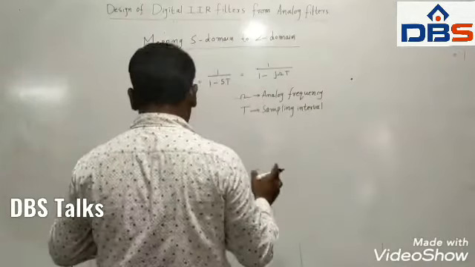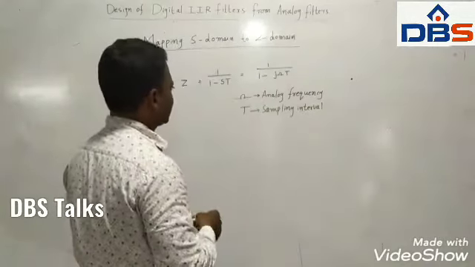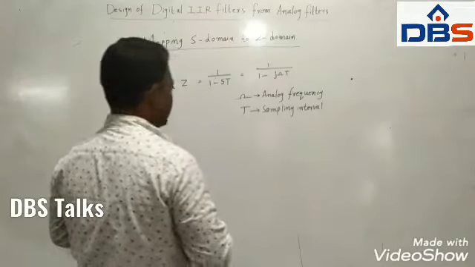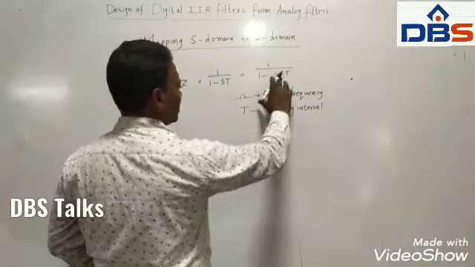Now we have to separate it. Z is actually a complex variable, so Z is equal to r e power j theta. Generally we say that.